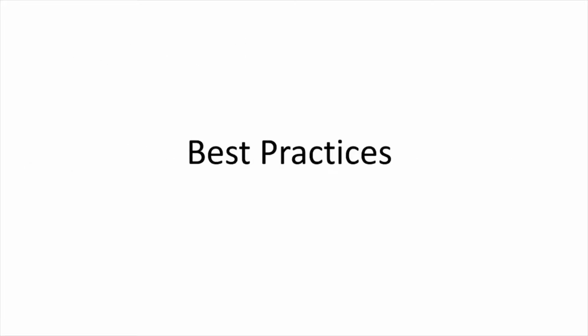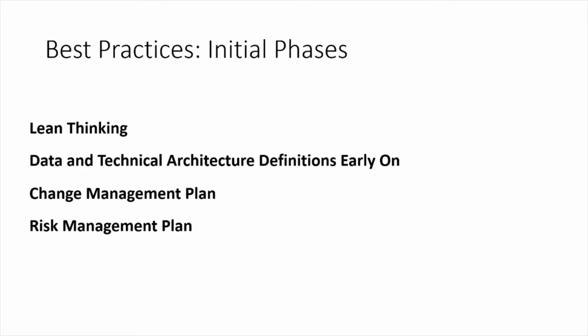Okay. Now let's review some best practices. The best practices that we could apply to initial phases of the project could be to apply lean thinking, which means that we need to eliminate waste. We need to have everything clean, especially if we're talking about data. So this is really important.